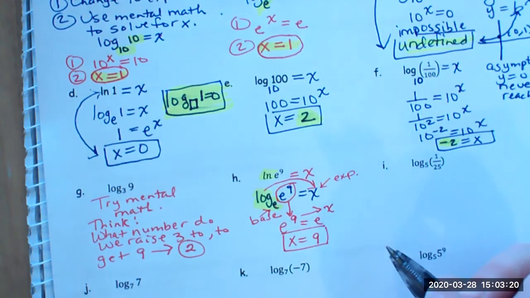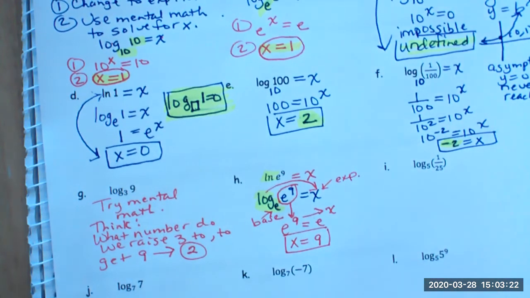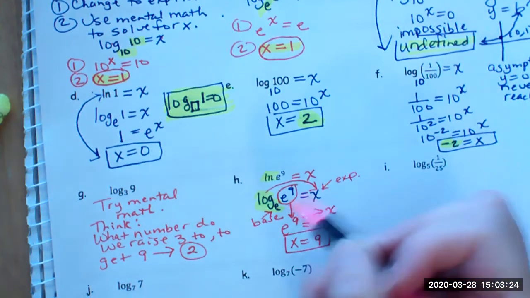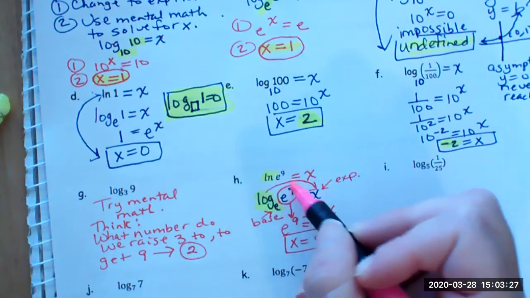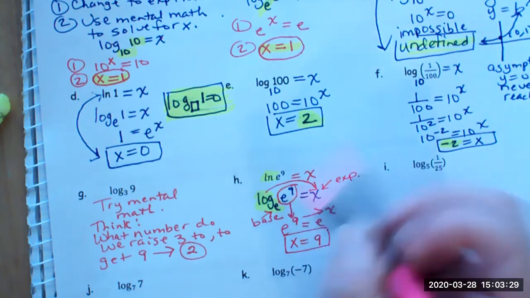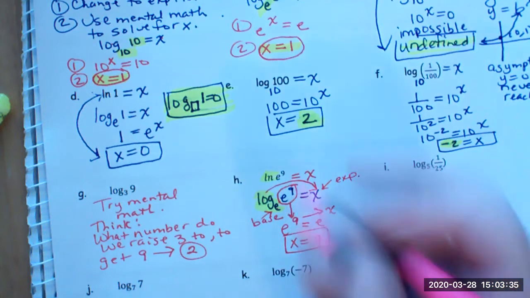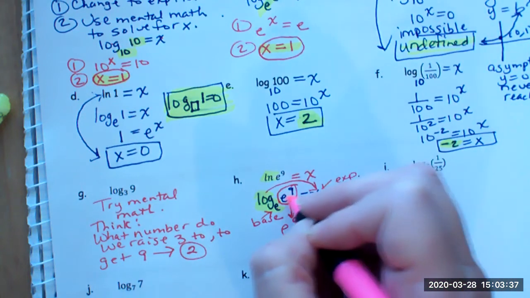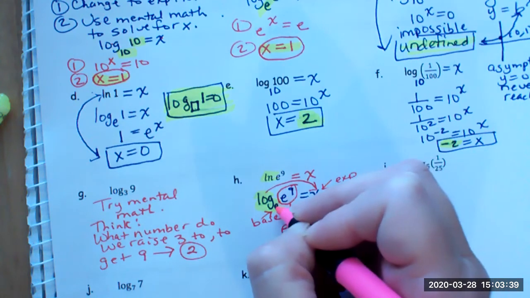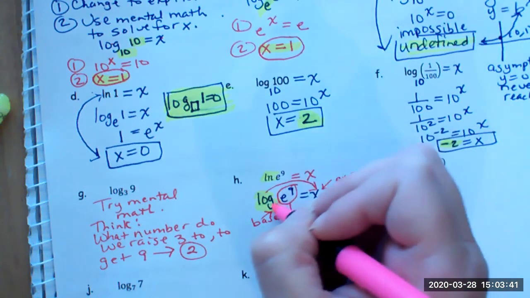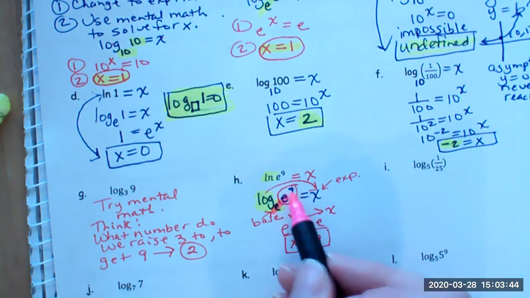Okay, so here's another special situation to notice. If you have a situation where you're taking the log of a power, in other words, you have another exponent in here that's part of the value that you're taking the log of, notice that if the base of that power that you're taking the log of is the same as the base of the log, your answer is whatever that exponent is.